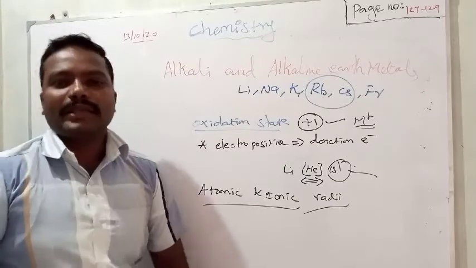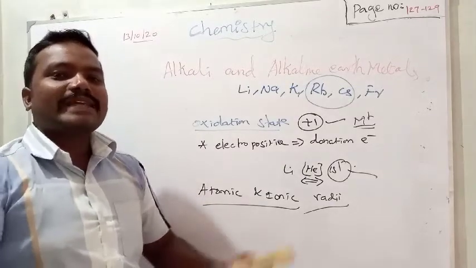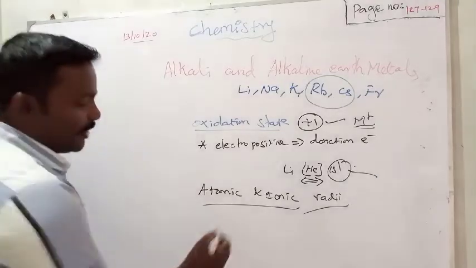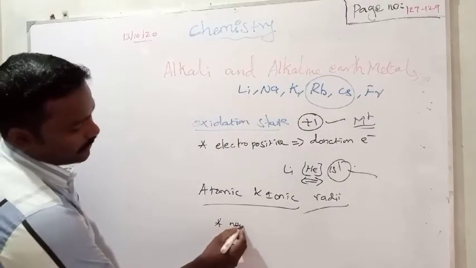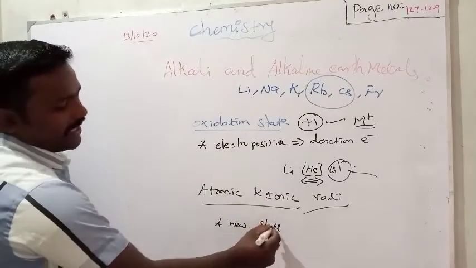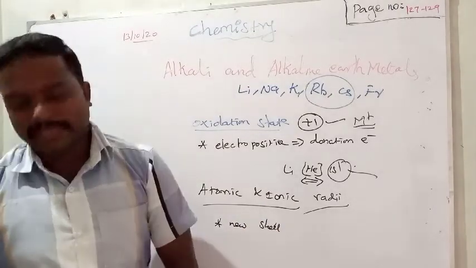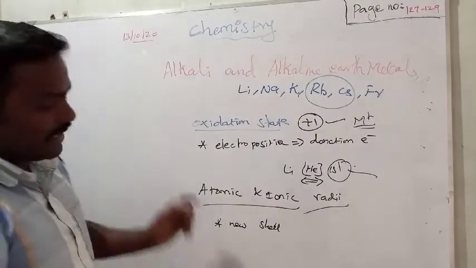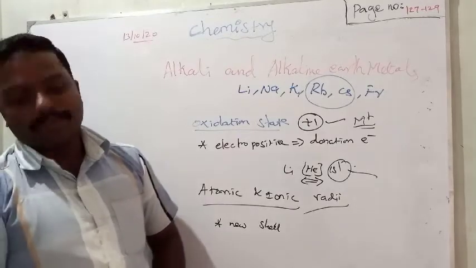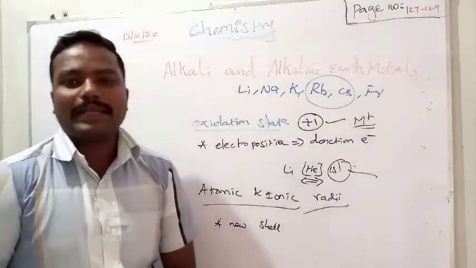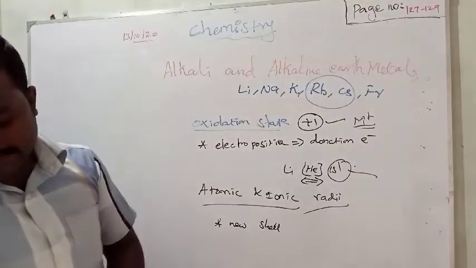Generally in the periodic table, top to bottom size will increase. What is the reason? See, new shells will be introduced in each period. Because of that, size will increase. Moving down, we have an increase in the number of shells. Because of that, both ionic radii and atomic radii will increase.